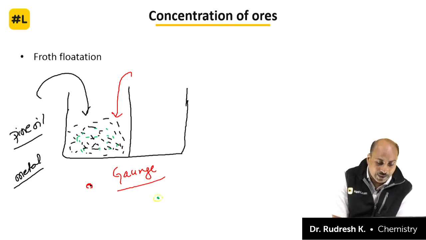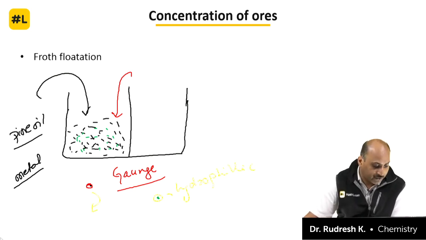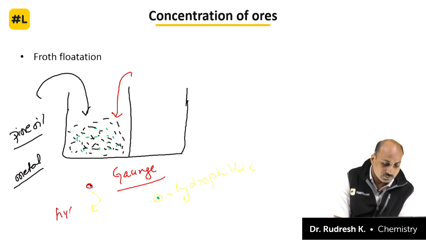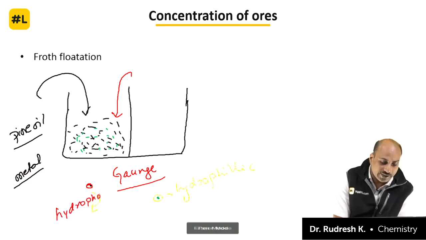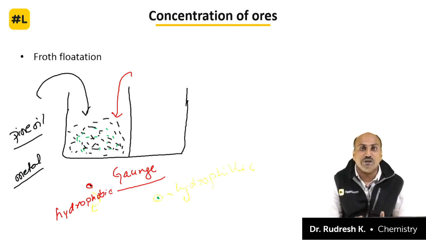So now you see the black ore particle surrounded by an oil layer. Similarly, the gangue particles are completely surrounded by water, thereby becoming hydrophilic. This becomes hydrophobic, water hating in nature, hence they get separated by themselves because heterogeneity starts.